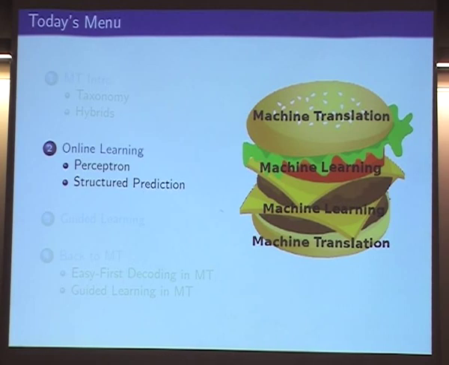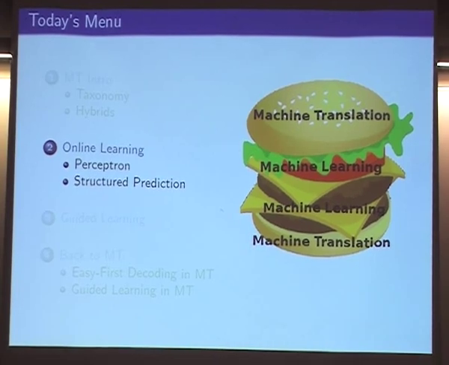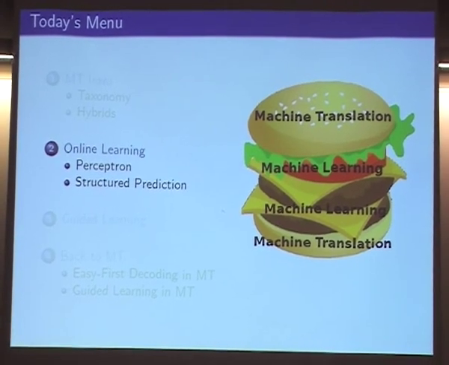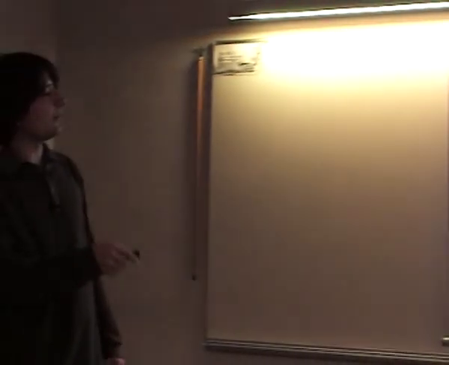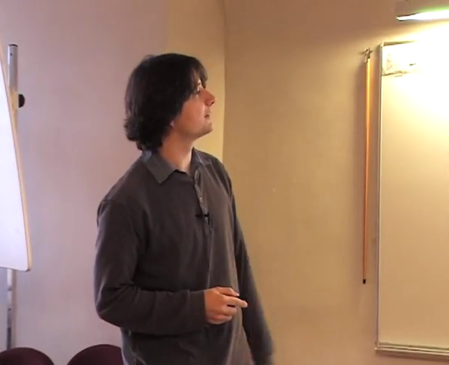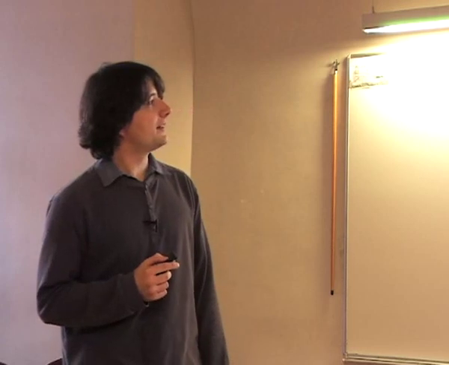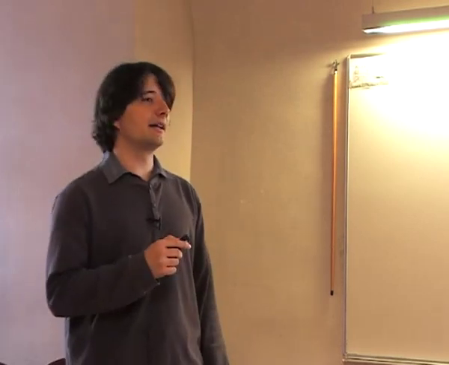Okay, so I will switch to machine learning, and I will start with perceptron, which is an algorithm which probably most of you know, but then I will gradually add new things. Okay, so the advantage of online learning, and perceptron is a special case of online learning, is that it's really simple.